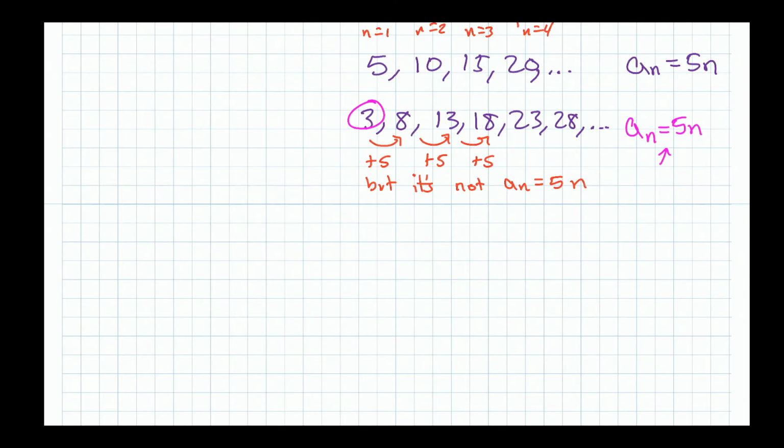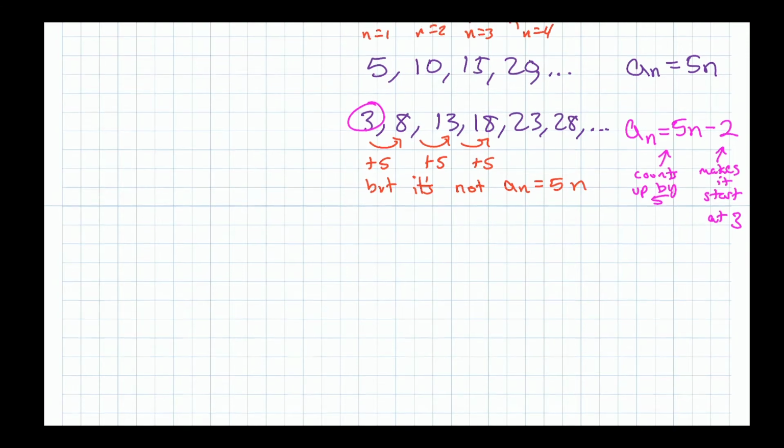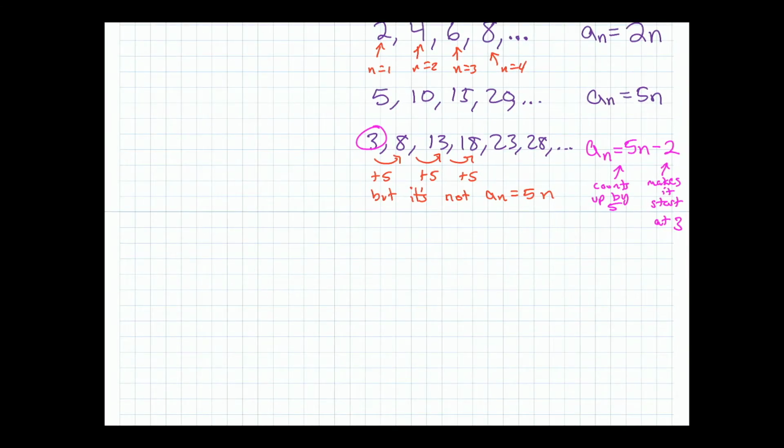So just subtract 2. So 5n counts up by 5's, and then the minus 2 makes sure we start at 3. Okay? So that's how you could do that.